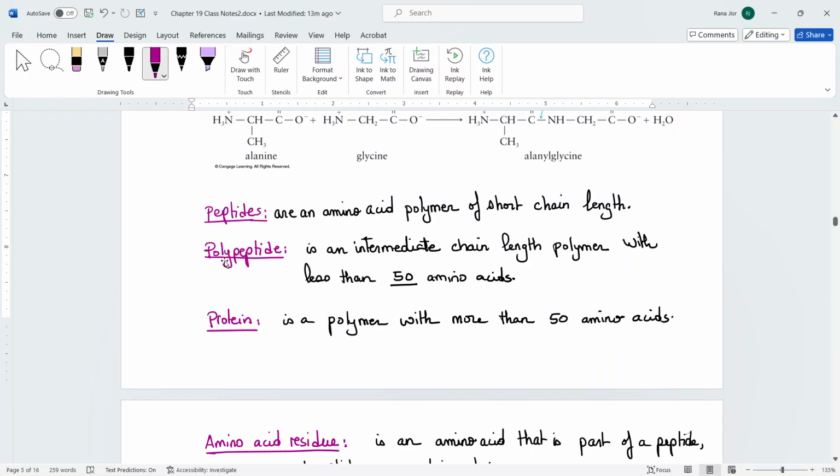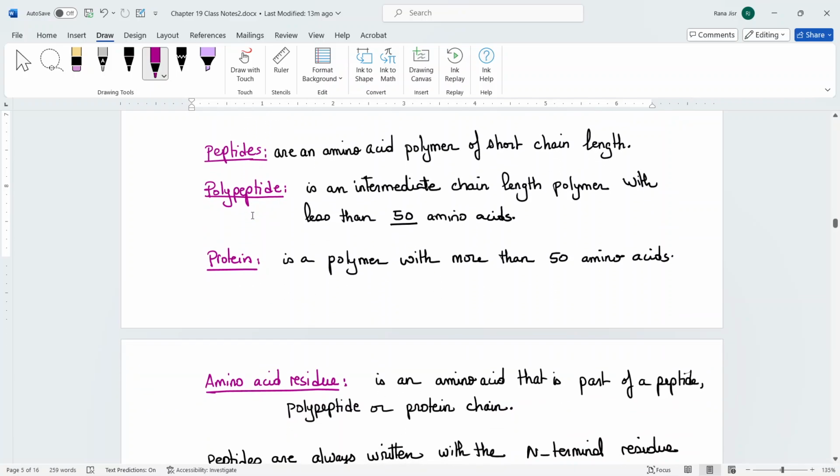So we want to differentiate between polypeptides and proteins. Proteins have a lot of amino acids in them, 50 and more. Fifty and less, down to 10 amino acids, is called a polypeptide. And with less than 10 amino acids, depending on how many you have, you can call it di, tri, tetra, penta, hexa, hepta, and so forth, all the way to decapeptides.